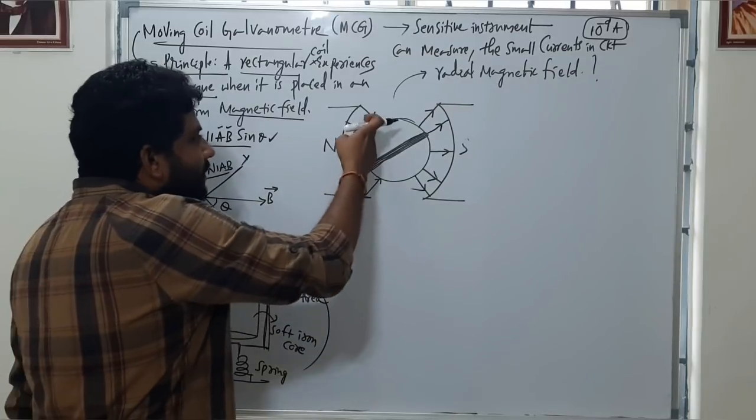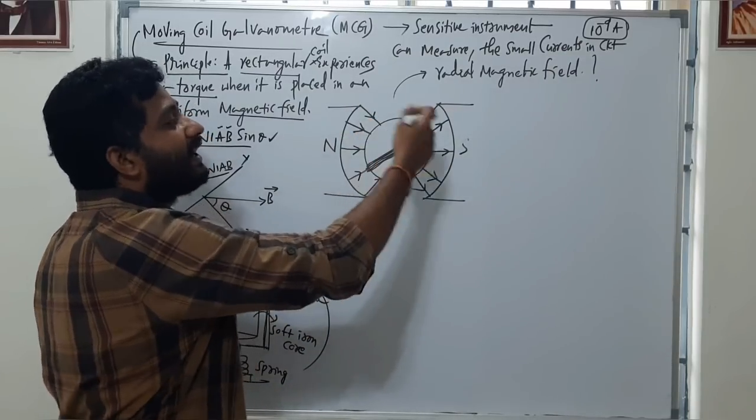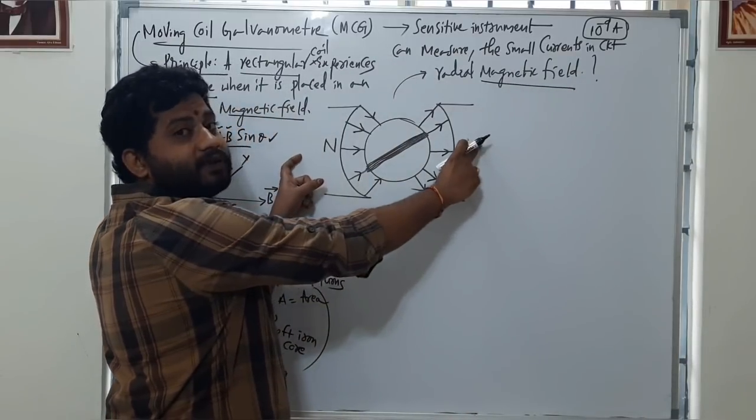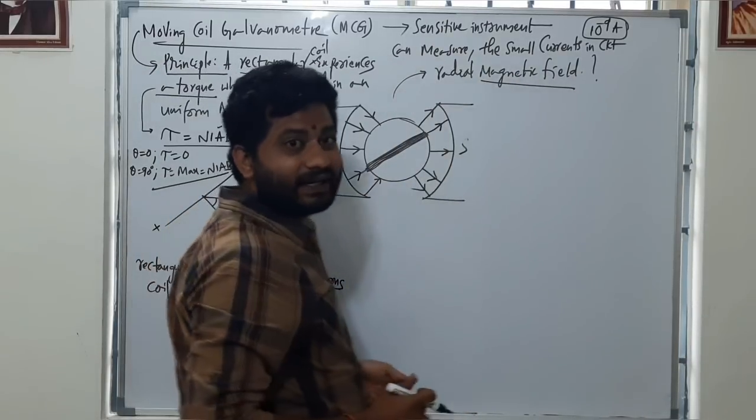Right? So these magnetic field lines are called radial magnetic field lines, and the field produced by this perfect shape of the magnets is called a radial magnetic field.